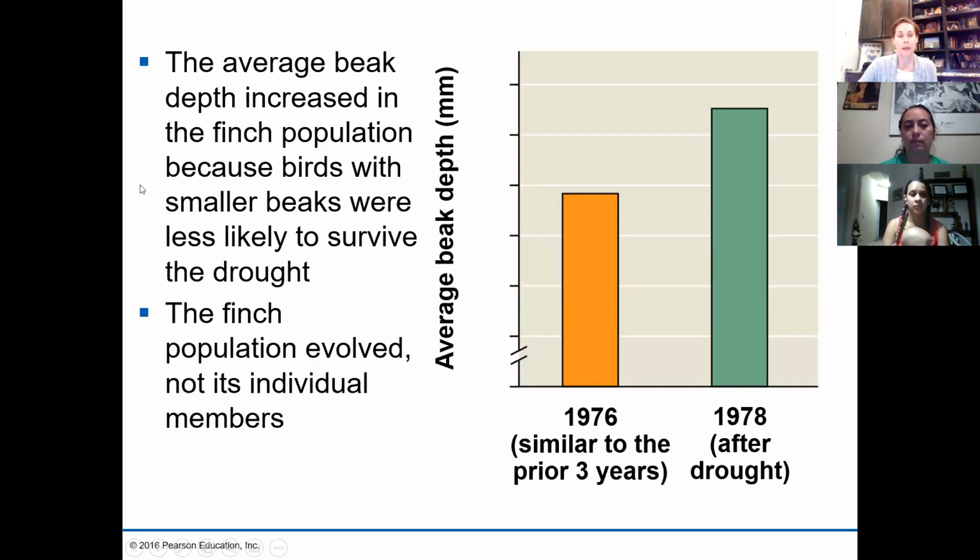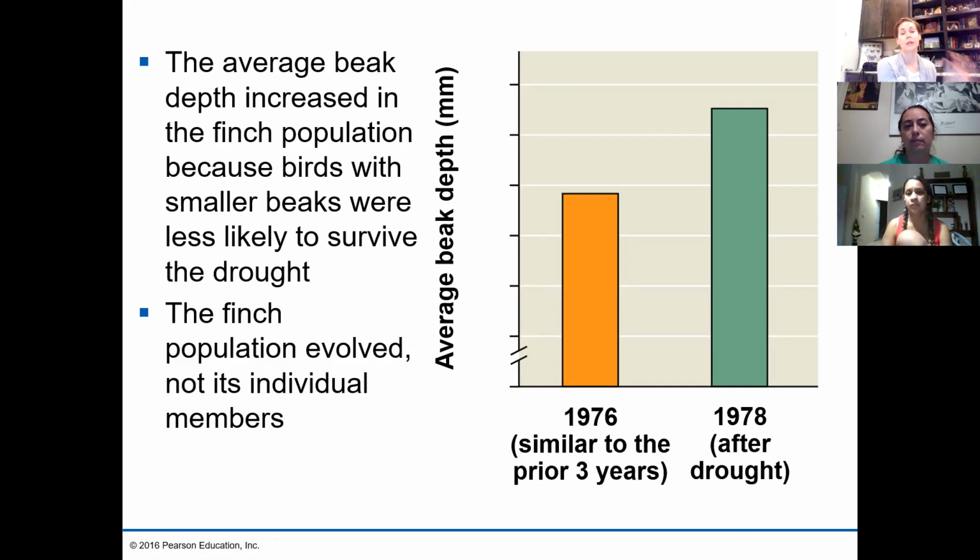In this example of finches, the average beak depth increased. I don't know what depth would be on a finch; I'm assuming it's how big it is this way, not how long it is. It increased in the finch population because the birds with smaller beaks were less likely to survive a drought. Over about 3 years, when you measured all the beaks, the populations had larger beaks because they could crush things with some moisture inside.